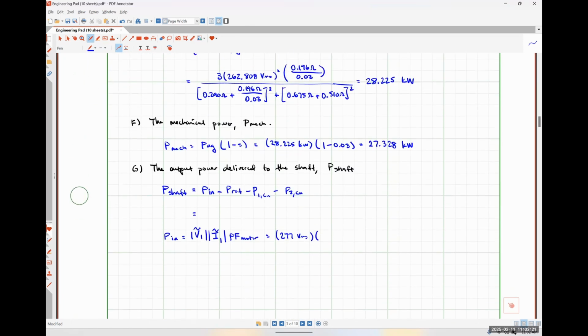So that would be 277 volts RMS times that 44.214 amps RMS, times our power factor of 0.820. And when I put all of those in, I wound up getting 30.128 kilowatts. Let me double check that since you sounded incredulous.